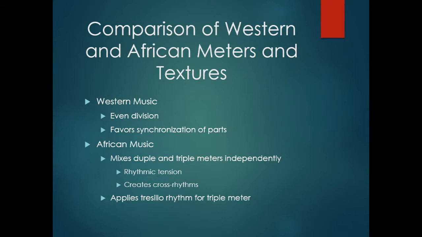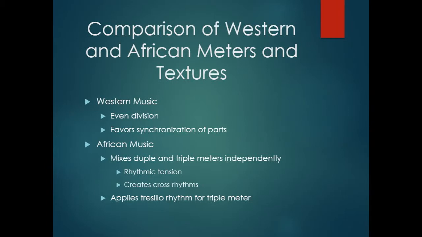African music, on the other hand, will mix duple and triple meters independently. So this causes a rhythmic tension and produces cross rhythms where you have slight misalignments between parts because each part is keeping its part independent from the other parts.